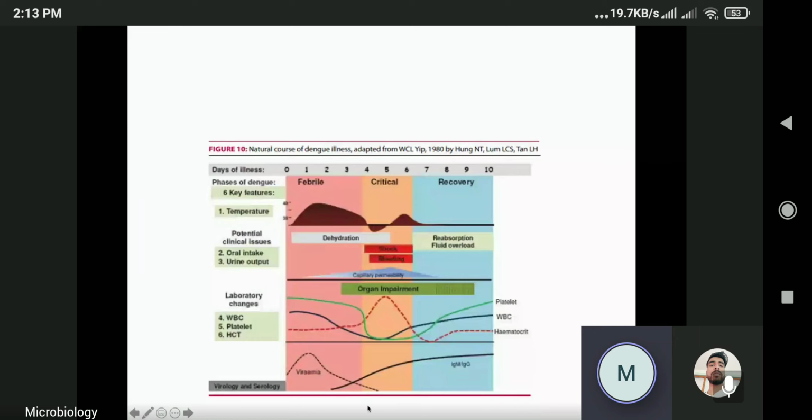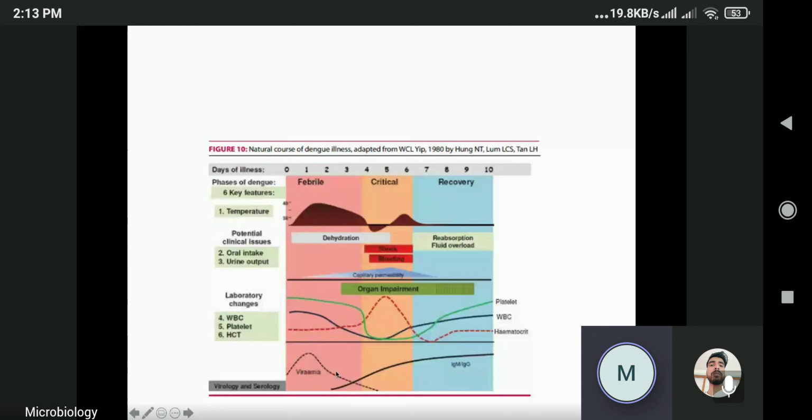Here IgM is the earliest one. If we detect NS1 protein and IgM, then we can say the patient has a recent or acute infection, or in a past infection we can detect only IgG. So this is the natural course of dengue illness.